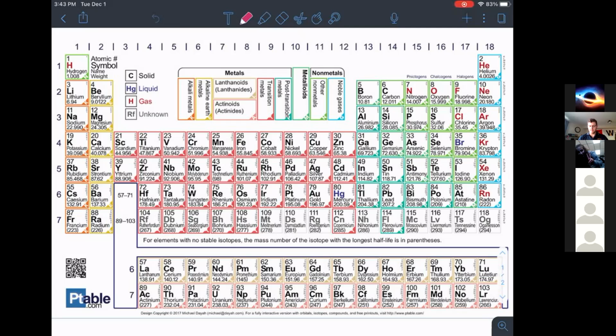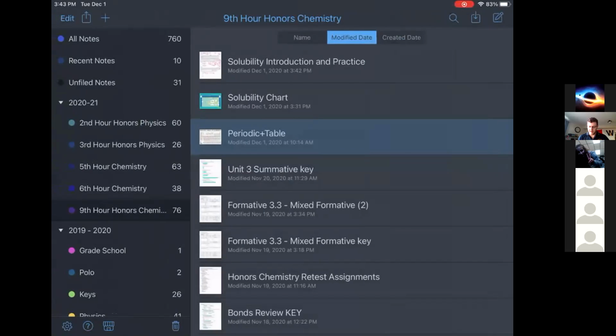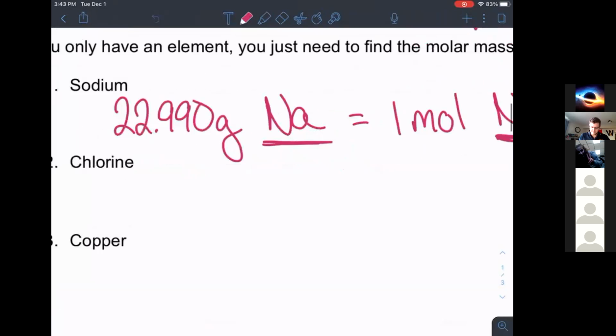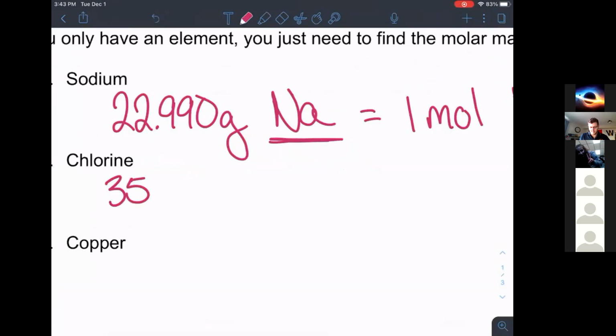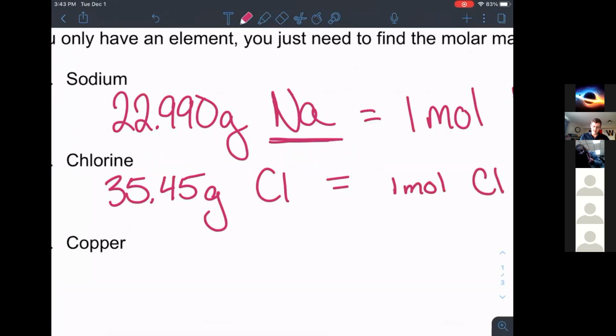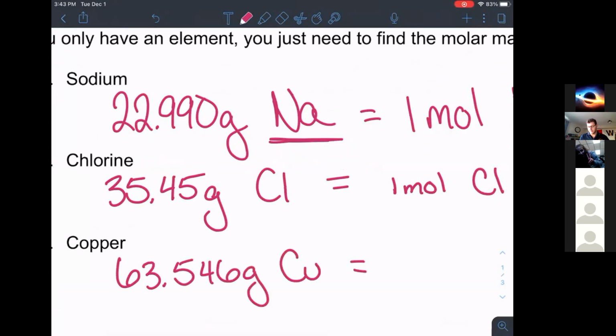What about copper? 63.546. Perfect. So 35.45 grams of chlorine equals 1 mole of chlorine, and 63.546 grams of copper equals 1 mole of copper.